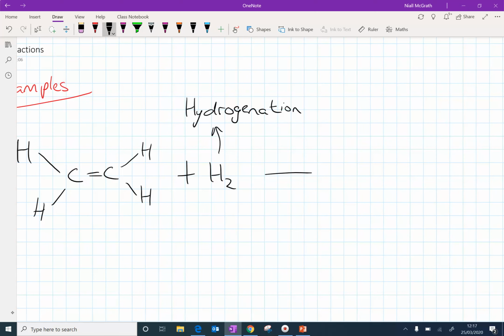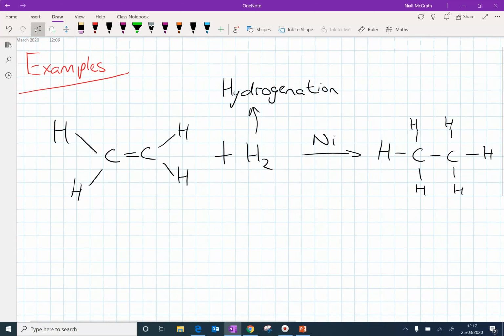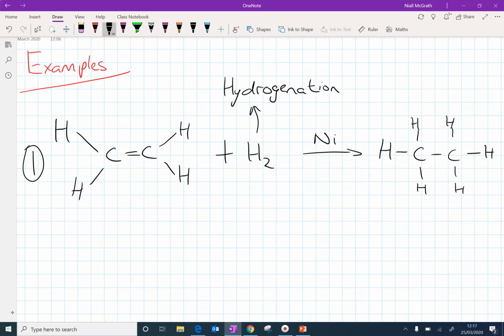This reaction in particular takes place with the nickel catalyst, and at the end you come out with ethane. That's your first example.